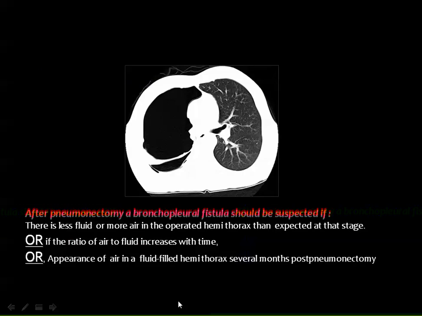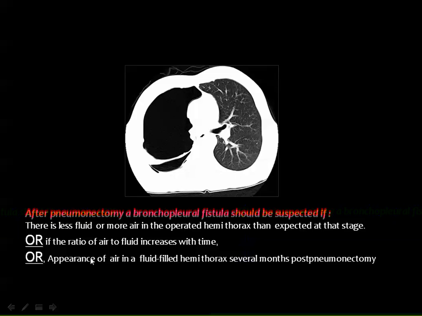And after pneumonectomy, a bronchopleural fistula may be suspected if there is less fluid or more air in the operated hemithorax than expected. Usually, whenever you remove the lung, there may be some fluid and some air. But if the air is larger than expected, you may suspect the development of a bronchopleural fistula.